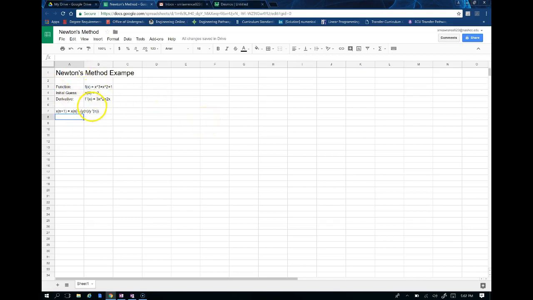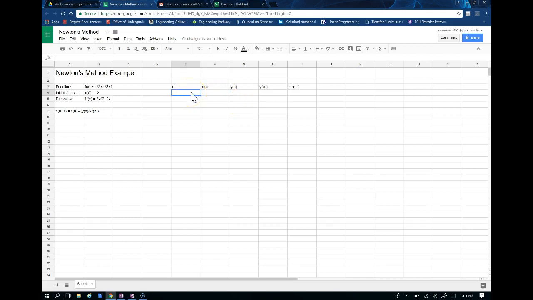So I just want that to remind me. So just some information that I'm going to need over here on the side. Now for the table, I need to keep track of how many iterations I'm doing. I need to know what the current x value is that I'm working with, what its y value is, what its derivative value is, and then with all of that, those are the three things I need to get my next and hopefully better guess for my x value.